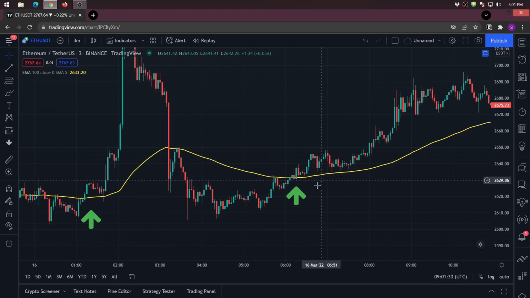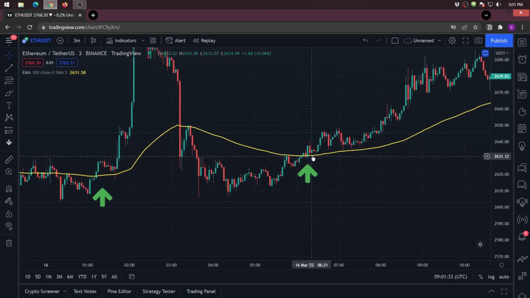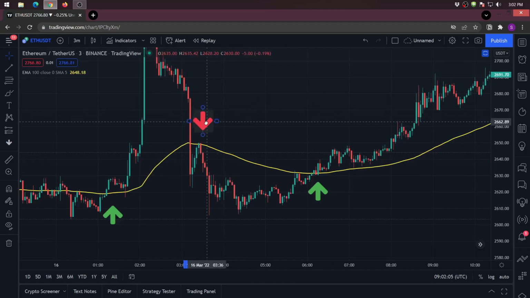When the price stays above the 100 EMA, we take long positions, because when the price stays above the 100 EMA there is a chance of a strong uptrend. When the price stays below the 100 EMA, we take short positions, because that means there is a chance of a strong downtrend.